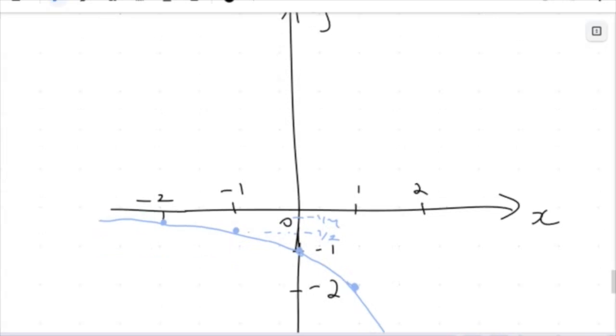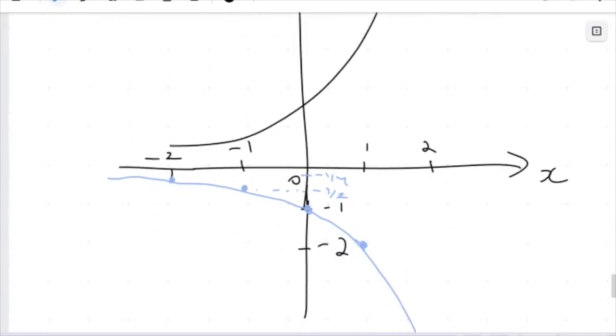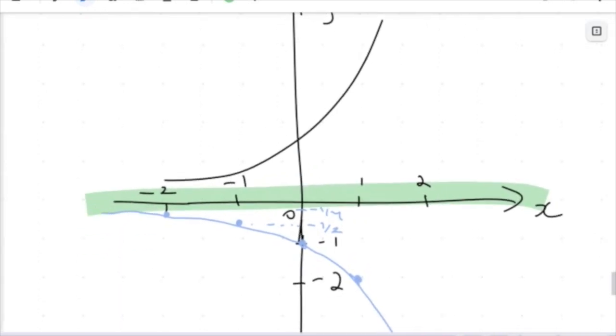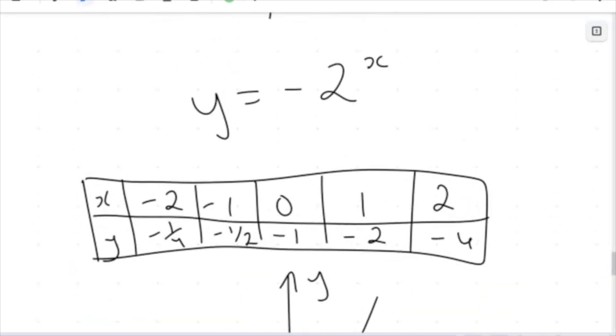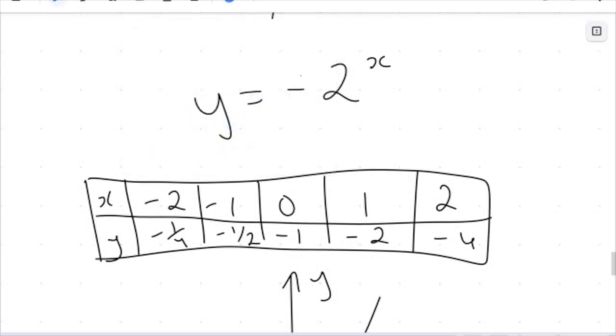I have gone from something that lived up here, and I have reflected it along my x-axis. Now, if you remember, we did this exact same thing with parabolas a while back. We looked at when we have a negative number in front, this leads to a reflection.